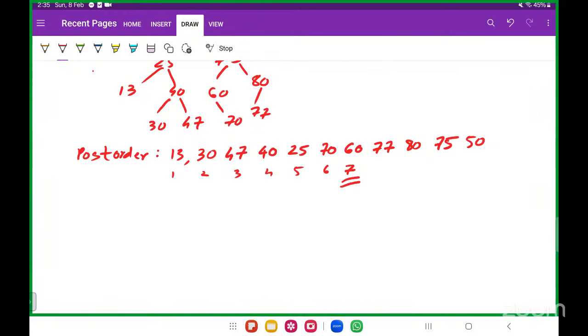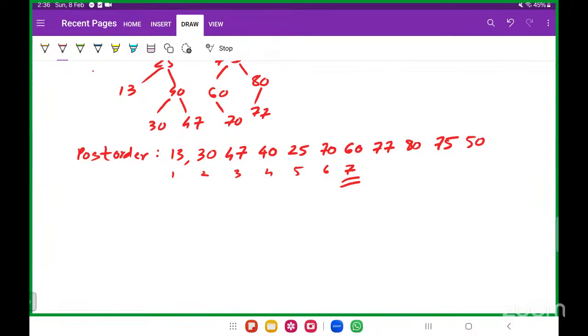There are 6 elements. The others will be part of the right subtree, but the right subtree root is 75. So anything less than 75 is in the left subtree of the right, and more than 75 is right. So 60 is less.